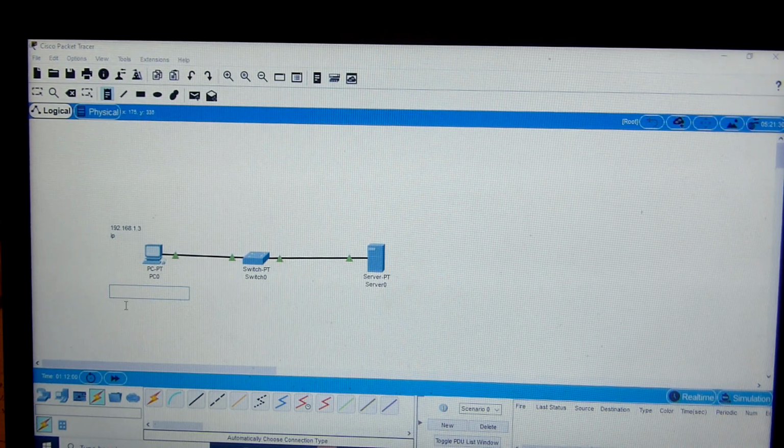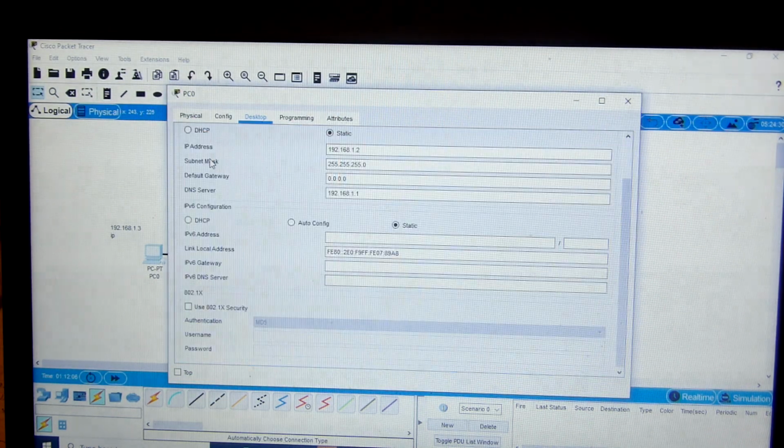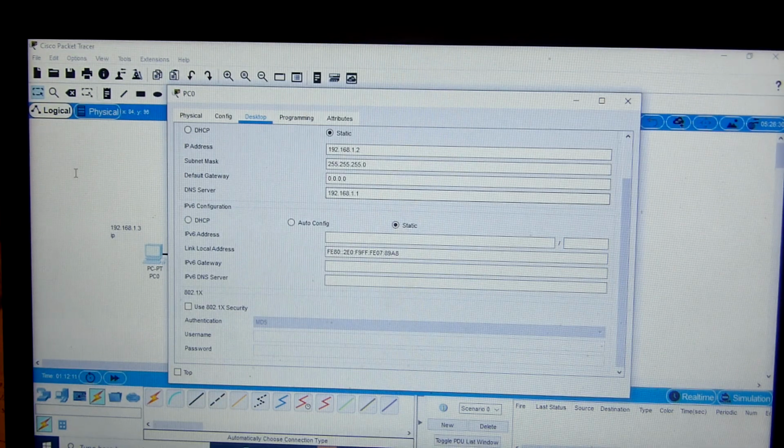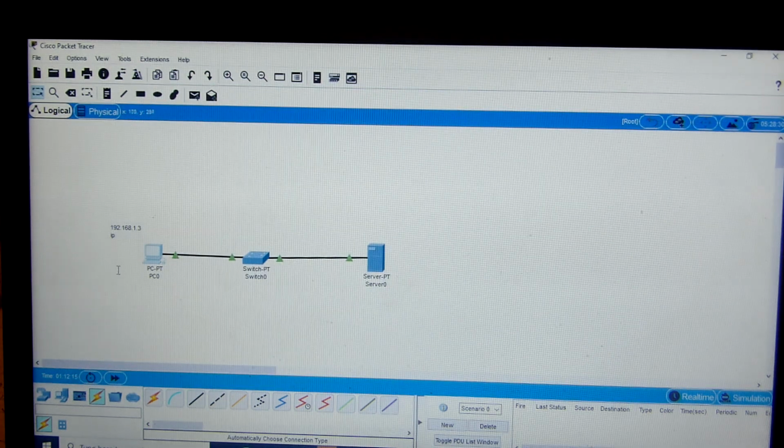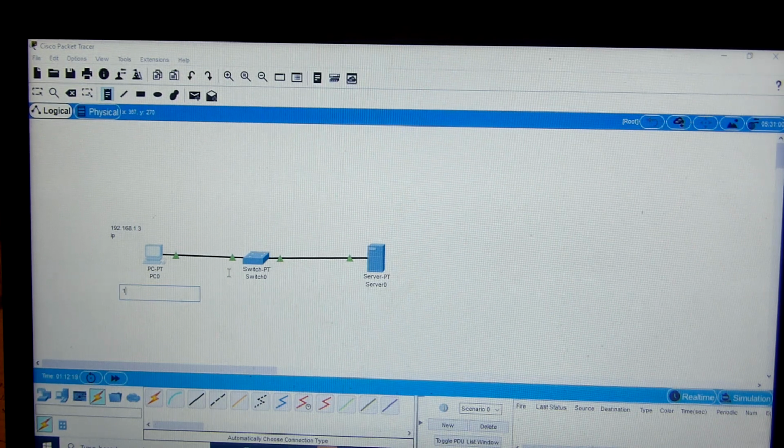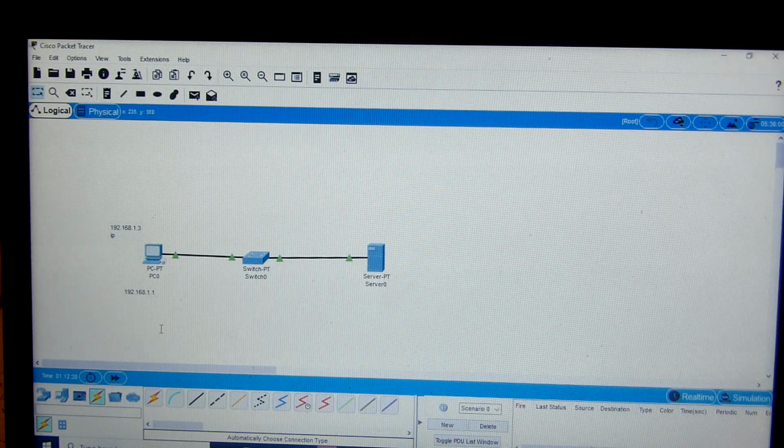DNS. See, the DNS server has a number. It's 1.1. So right here, 192.168.1.1, the default gateway.